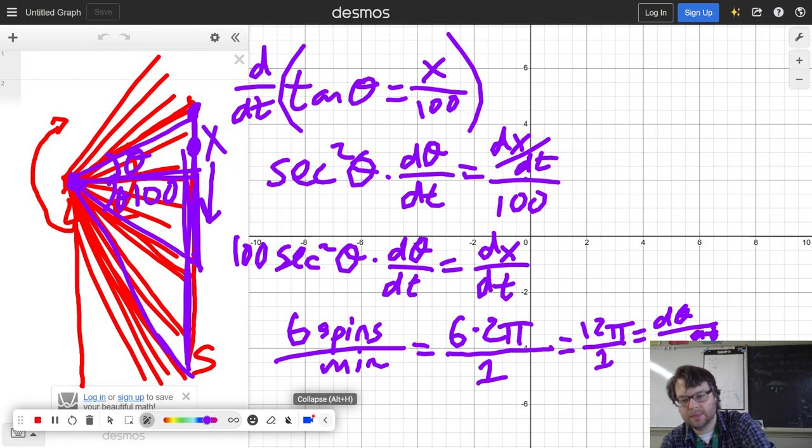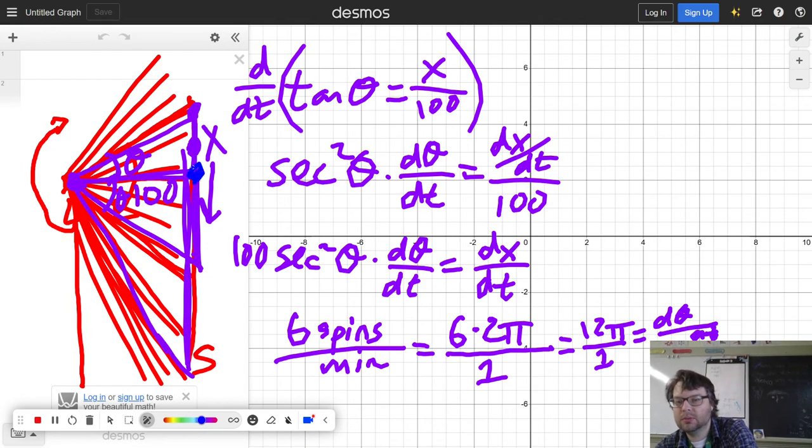So then I know that at the particular moment that I care about, all I need to plug in is theta. There's an infinite number of moments we could analyze. But one moment that we might care about is when the x value is right here, directly across from the lighthouse at a right angle, so that the beam of light is hitting at a right angle. And so there is no triangle right there.